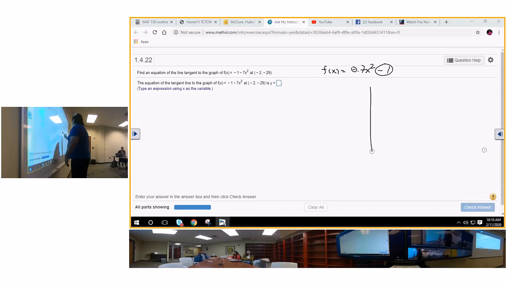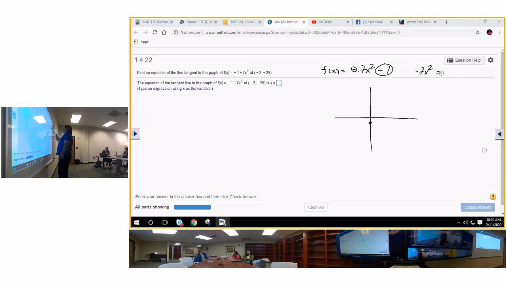So we've got a negative 1 down. And I got to find the vertex, so we're going to use, let's see, negative 7x squared equals 1. And we're going to divide by negative 7. Divide by negative 7. And that's going to give us x squared is equal to negative 1/7.